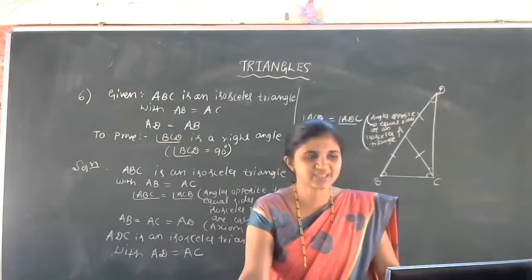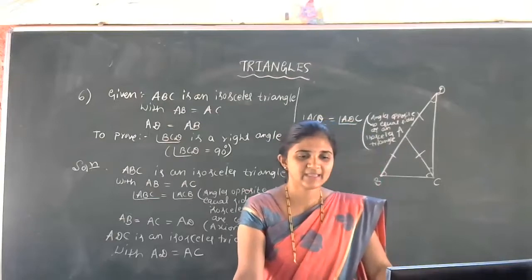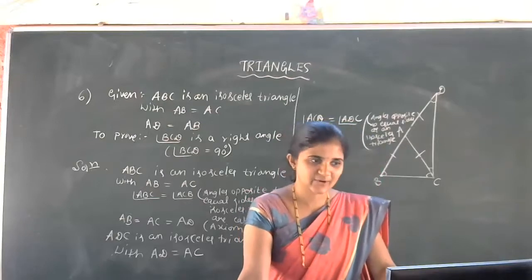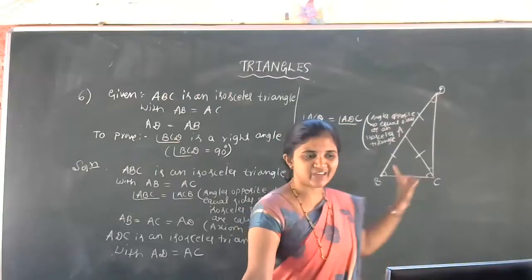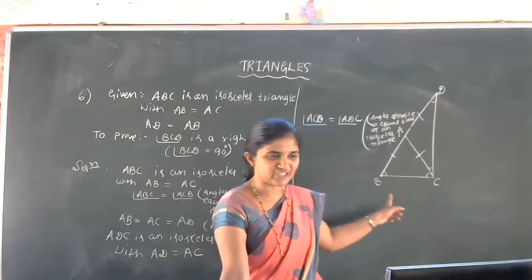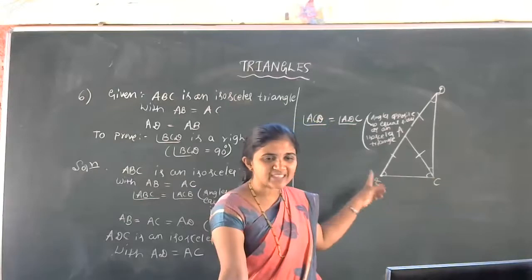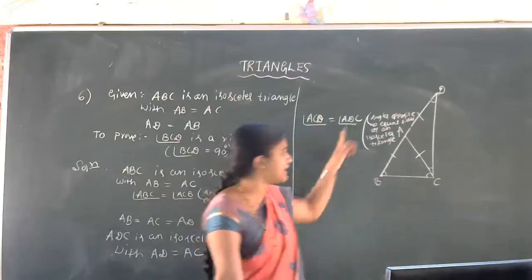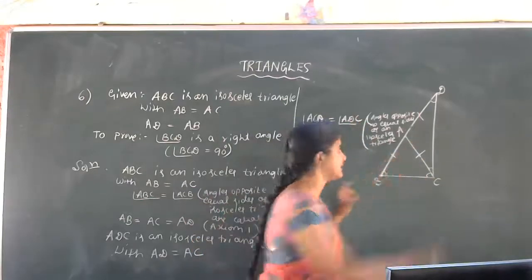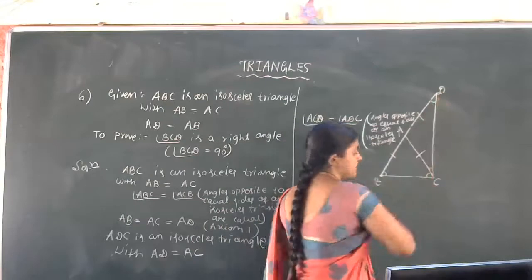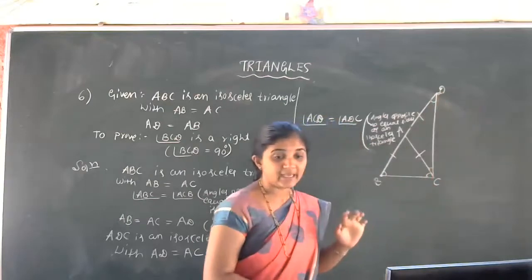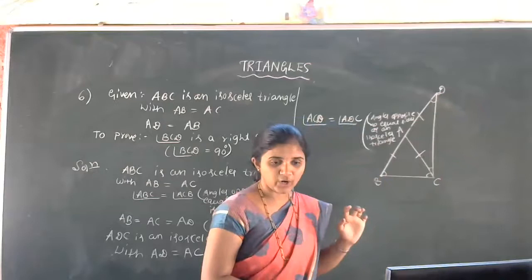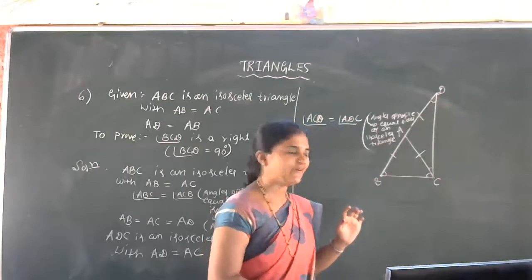What are we getting here? 2 times angle ACB plus 2 times angle ACD is equal to 180 degrees. How did you get this? From equations 1 and 2. ABC is replaced as ACB from equation number 1.